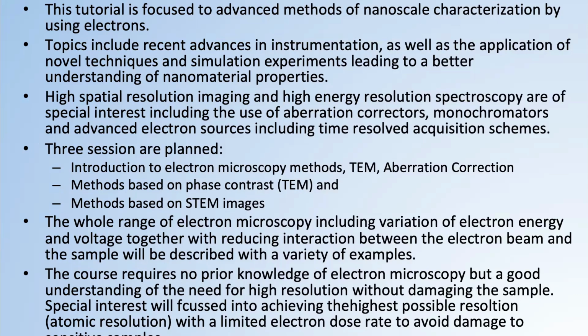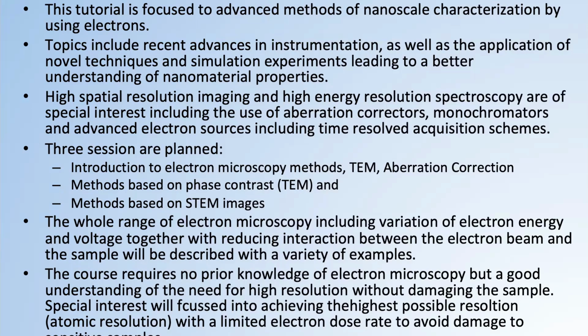It is very important to understand in this tutorial the interaction between the electron beam and the sample. We will include examples to show that this can be very important and that we have to be able to control that interaction so that we can avoid damaging the sample, changing the atomic distribution.